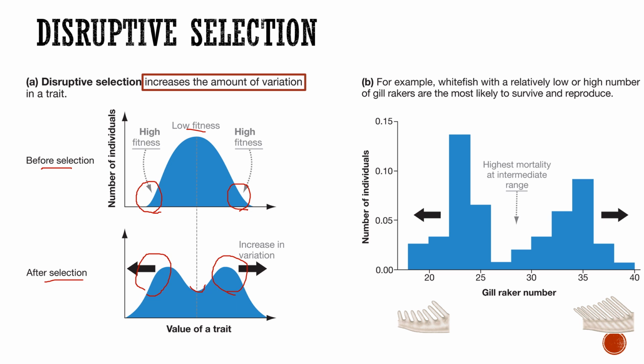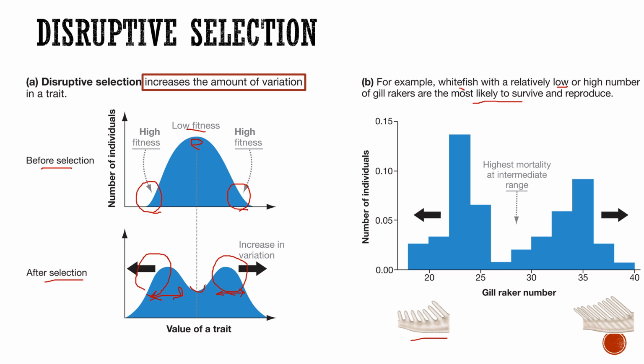At the beginning, everyone was kind of the same here in this area, but now we have a large population on this end, as well as a larger population over here. And an example of this, so in whitefish with relatively low or high numbers of what are called gill rakers, which are shown down here, they're the most likely to survive and reproduce.